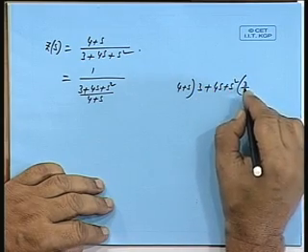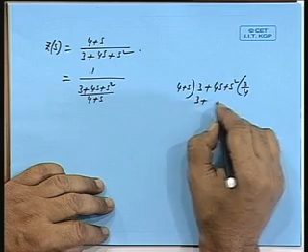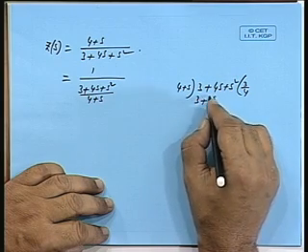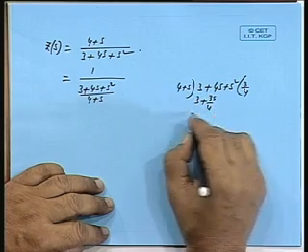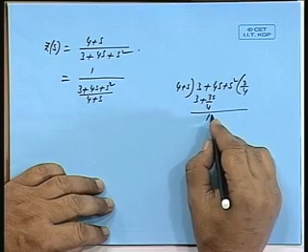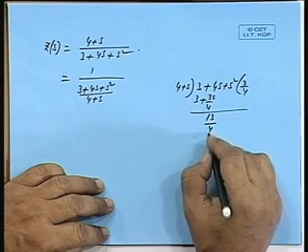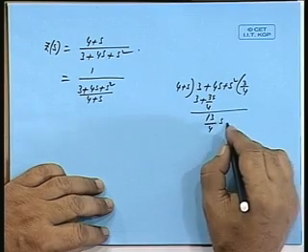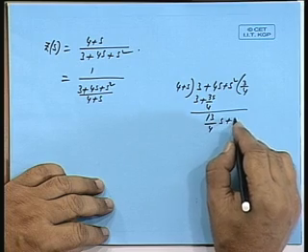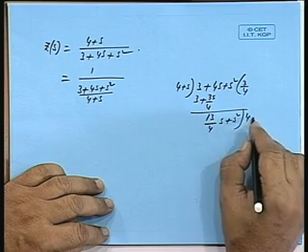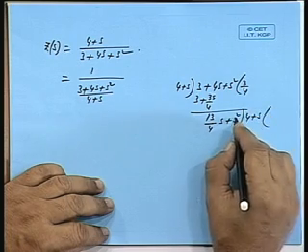So, this will be 3 by 4, 3 plus 3 by 4 s. So, 13 by 4 s plus s squared, 4 plus s, how much is it?